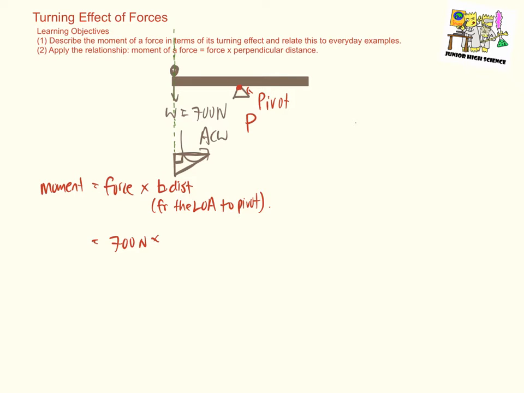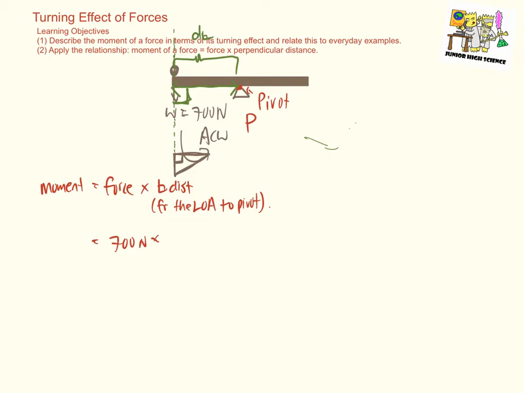I will shift the set square along this line of action until I'm able to find this distance. If you notice, this distance that I've drawn is the perpendicular distance from the dotted line to the pivot, and this distance is the distance that I'm interested in.